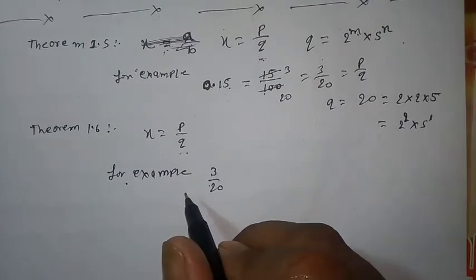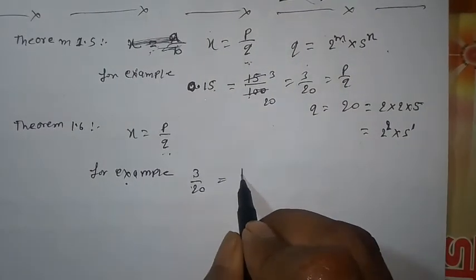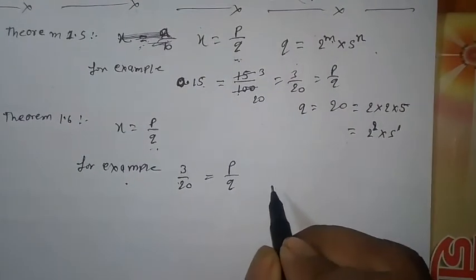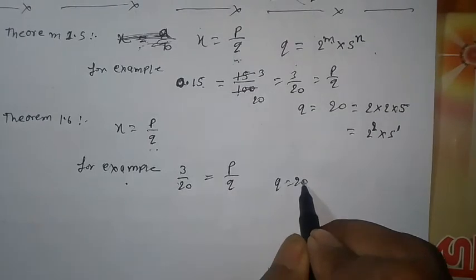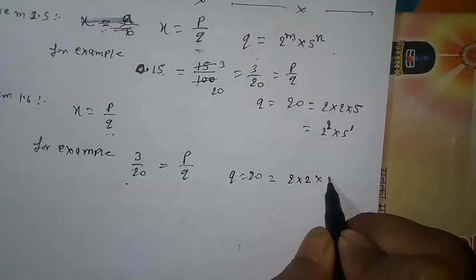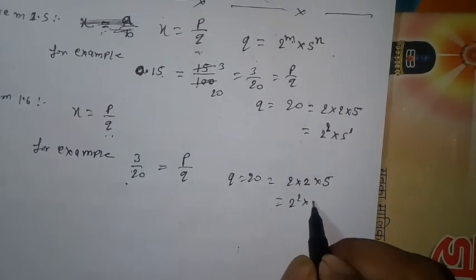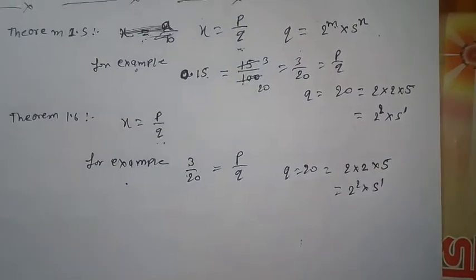When x is equal to p by q, the prime factorization of q is 20, and the prime factorization of 20 is 2 into 2 into 5, which means 2 to the power 2 into 5 to the power 1.